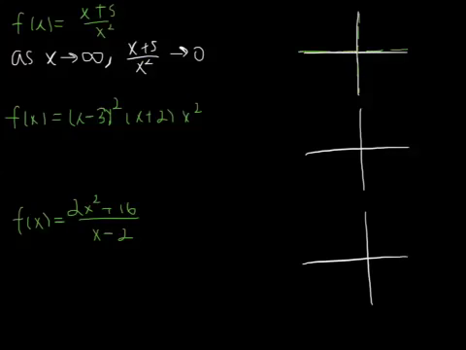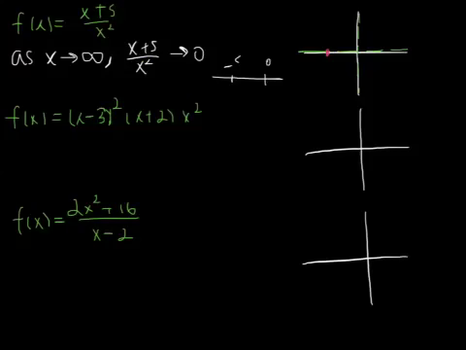And my root will occur, there's only going to be one. It's when x is negative 5. There it is. Quick sign chart will tell me, I've got it at negative 5 and at 0.